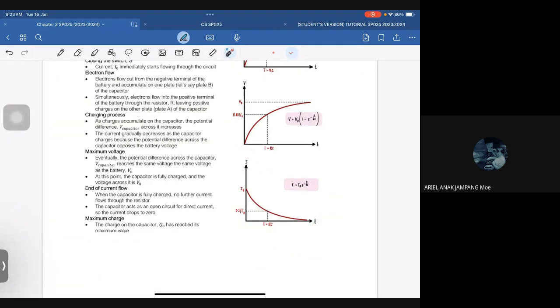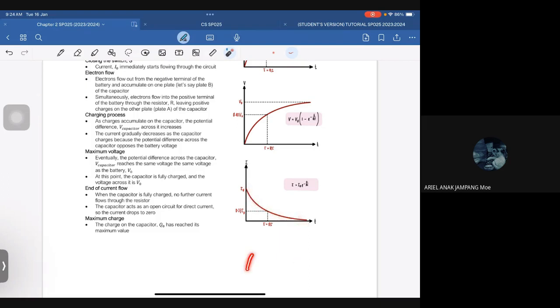So contohnya dia minta what is the graph, sketch the graph of current against time for charging and discharging. Kalau kamu lukis yang ini je pun dia accepted. Tapi kamu kena mention kalau dia cakap untuk discharging, either kamu lukis dia terbalik macam ni, ataupun kamu cakap for discharging the graph will be in the opposite direction.